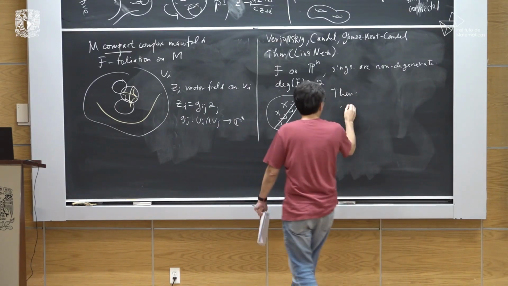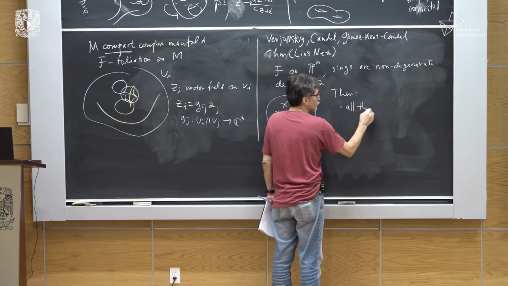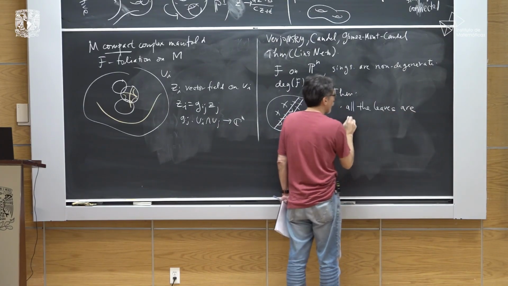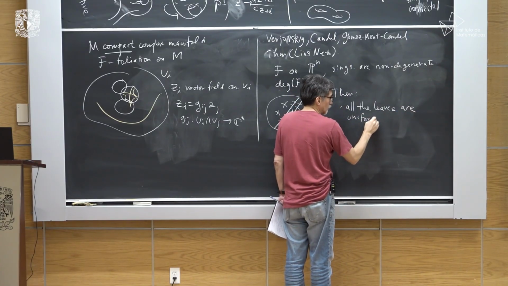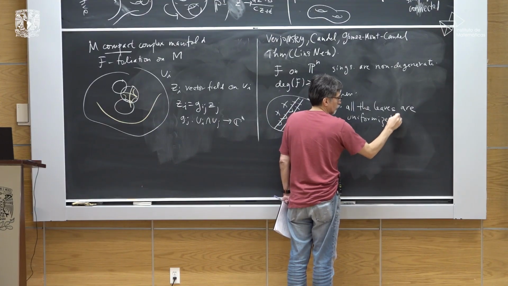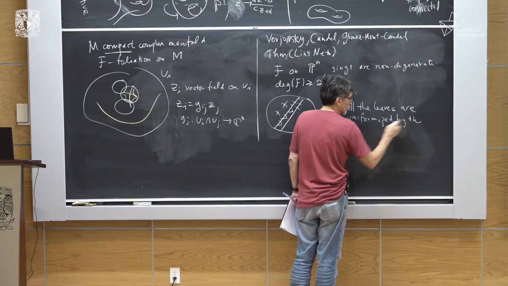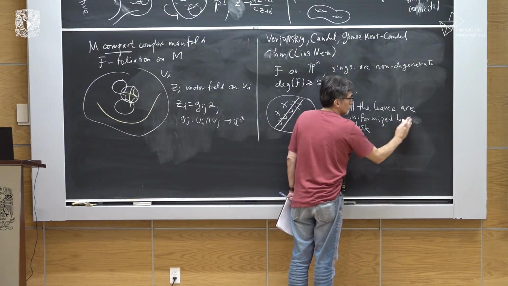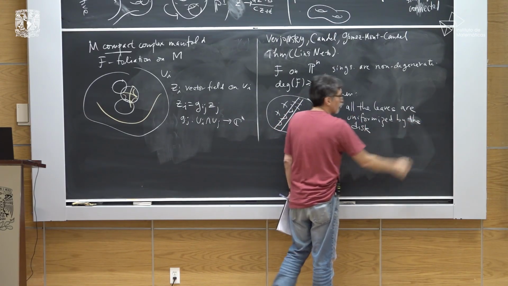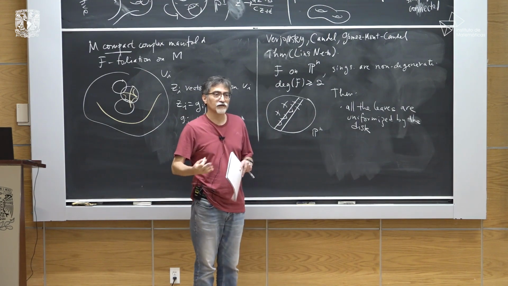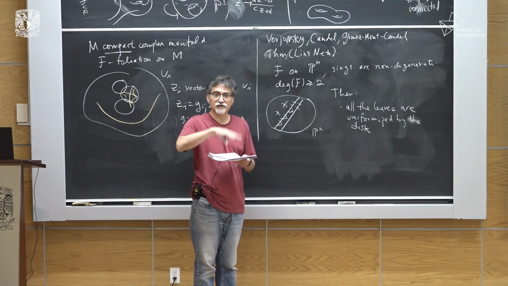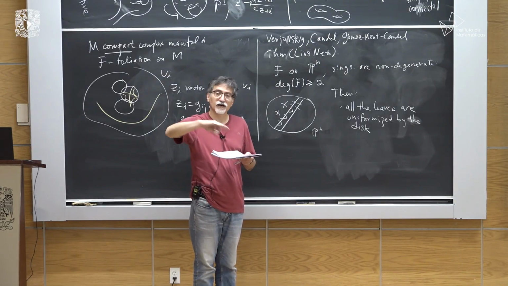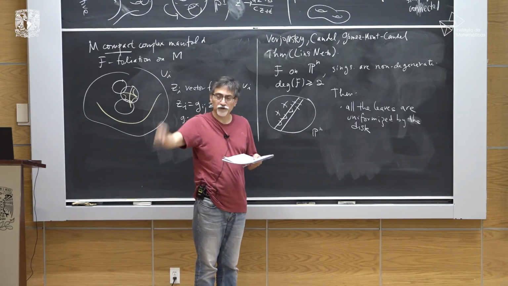two things happen. First, all the leaves are uniformized by the disk. So for the uniformization, you have curves that are uniformized by the disk, by the complex plane, or by the Riemann sphere.